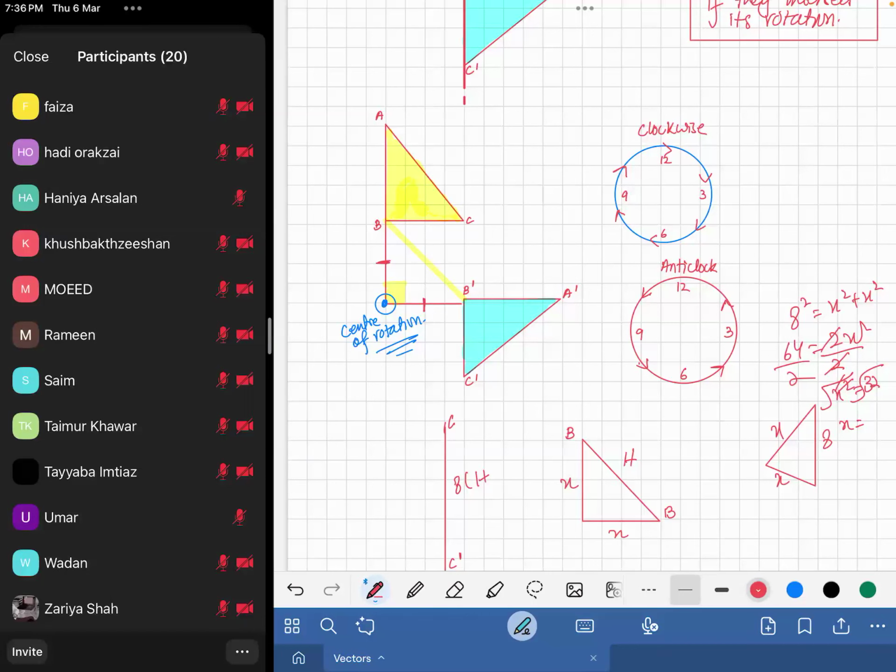Sir, 5.65. So Ramin, if I connect C with this dot and then C prime with this dot, according to my calculation, it should be 5.65.